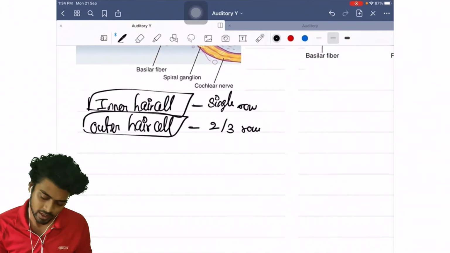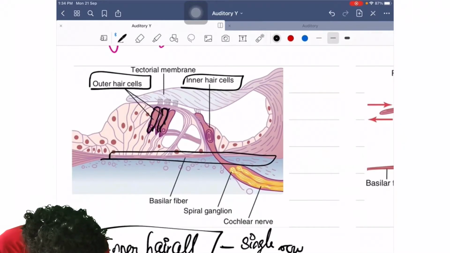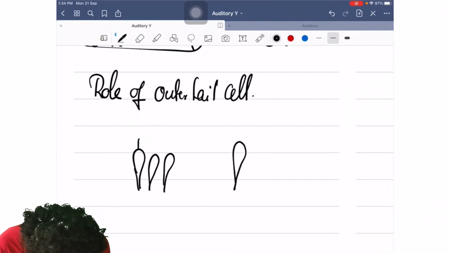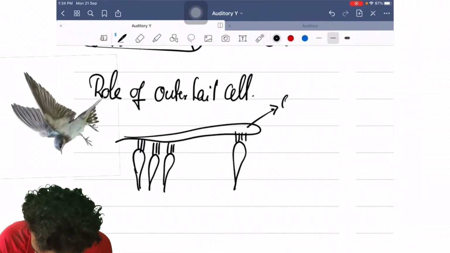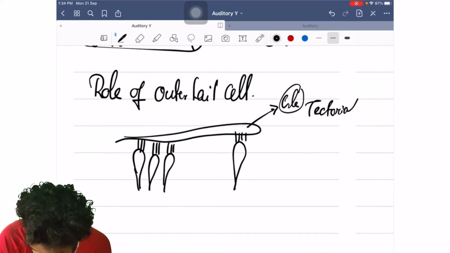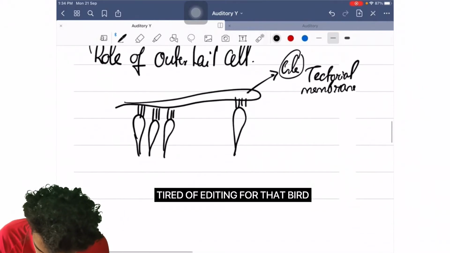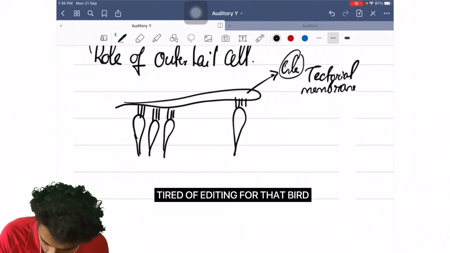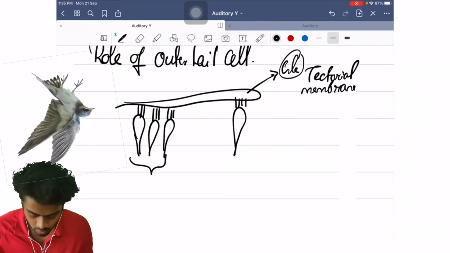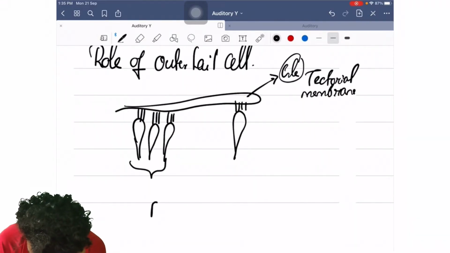And the role of outer hair cells, let's see. There is a membrane called the tectorial membrane. Now these are the outer hair cells, right? When the outer hair cells get stimulated, they become shortened, which means from this side they are going to be like this.